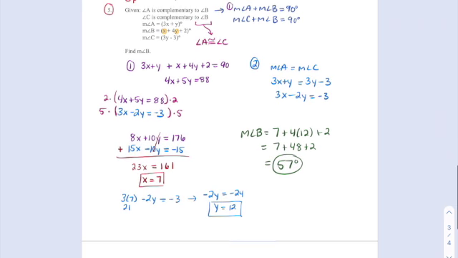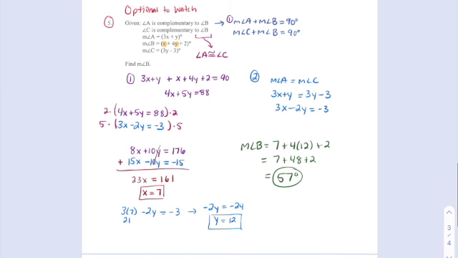And remember, you can always go back and check your work. Since A is complementary to B, A should come out to be 23 degrees because 90 minus 57 is 23. If you don't get 23, we've got an issue, but by a quick check, it does look like that works. So our answer is 57.